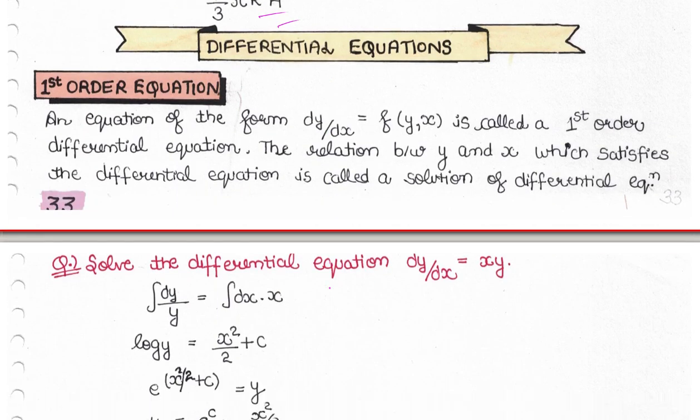Now we are going to talk about differential equation. So first order differential equation: an equation of the form dy/dx, which is a function of y and x, is called a first order differential equation. The relation between y and x which satisfies the differential equation is called a solution of a differential equation.